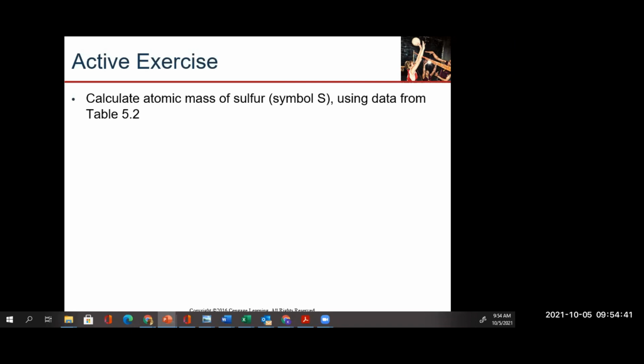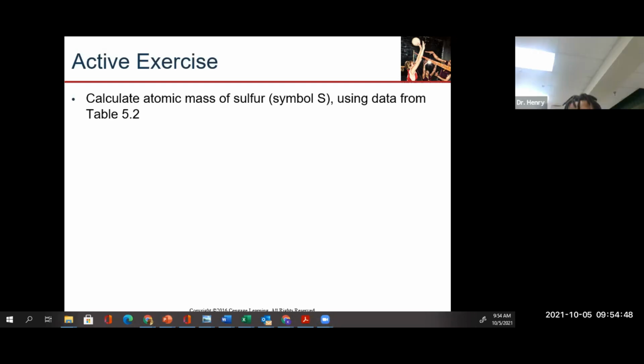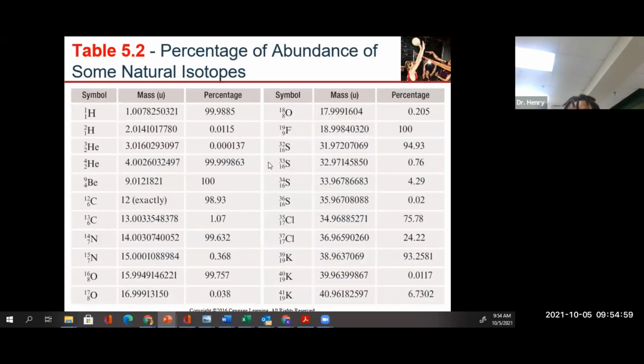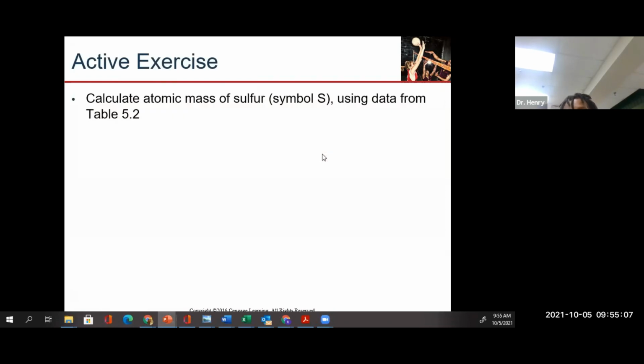Okay, so let's go over it. Let's get the information from table 5.2. Let's go back. I'm just going to type these values right below them.